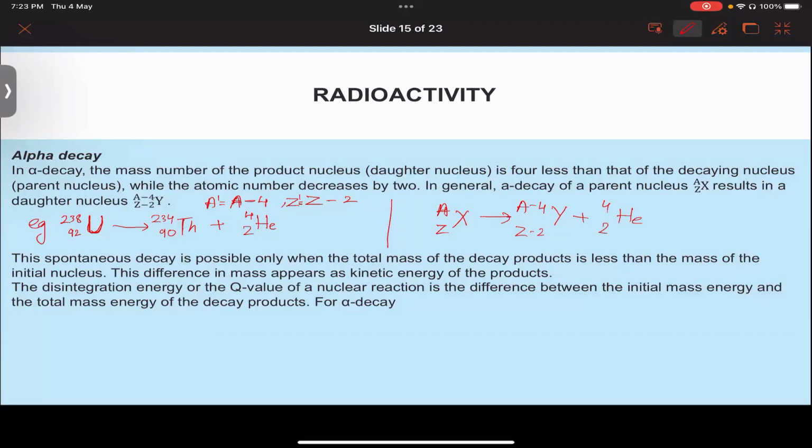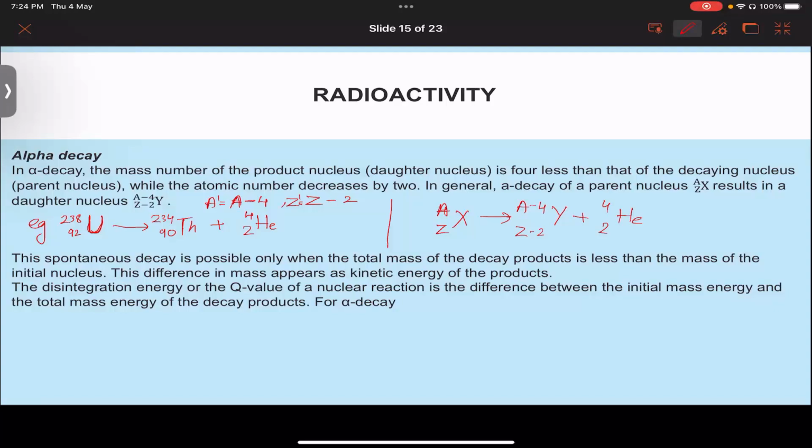Now this kind of decay is spontaneous. From Einstein's mass-energy equivalence, such a decay is only possible when the total mass of the decay products is less than the mass of the initial nucleus.